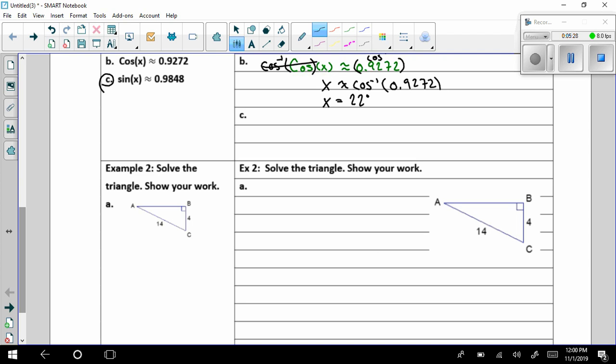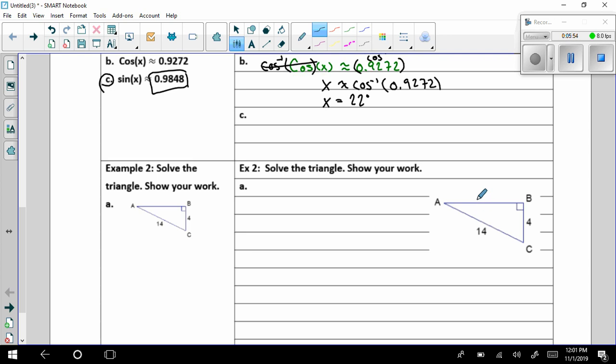Continuing that pattern, we can use those same ratios once again to find missing angles if we're given two sides, because remember, these decimals that we got earlier are just ratios between two sides. So the sine of x was something over something that has now been divided. All right.